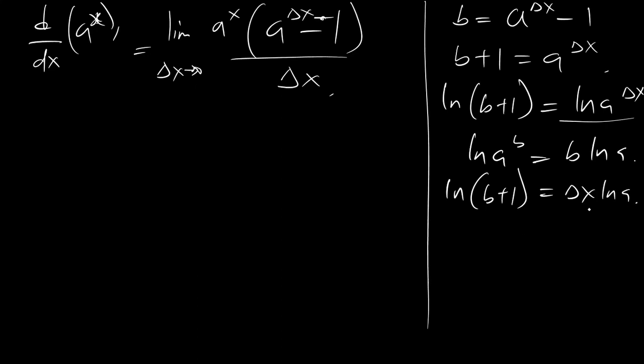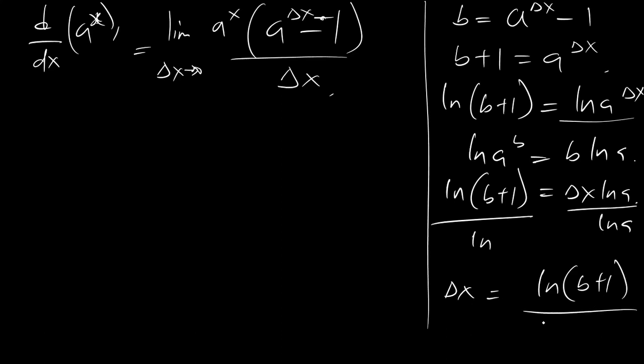So now dividing all through by ln a, you have delta x is equal to ln of b plus 1 divided by ln a.